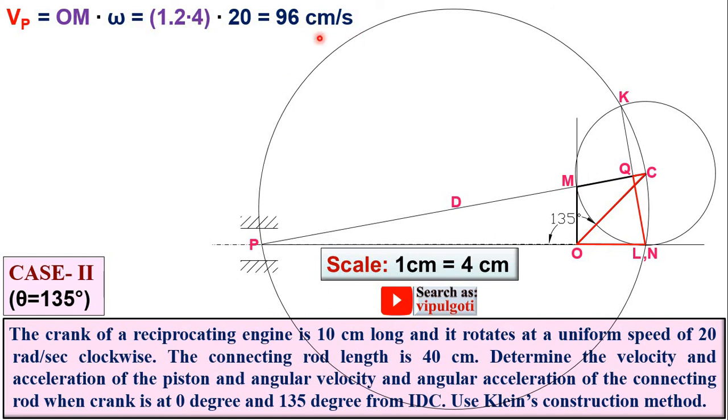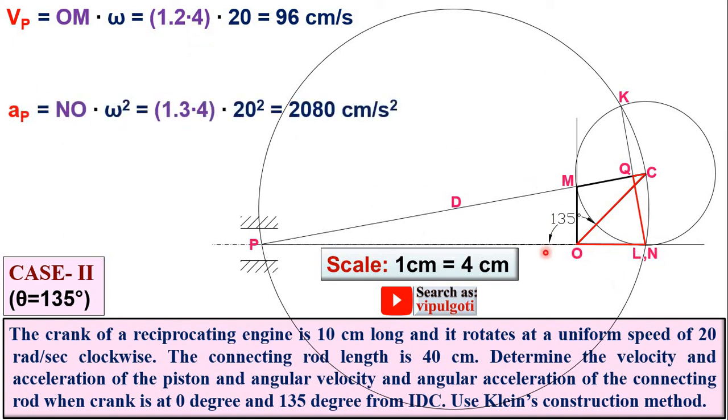So if you simplify, then you will get it in centimeter per second because you have taken the scale as 4 centimeter. Now next, acceleration of the piston, already we have discussed. NO represents the acceleration of the piston. It is acceleration, so it should be multiplied by omega square, and the remaining data you can understand.